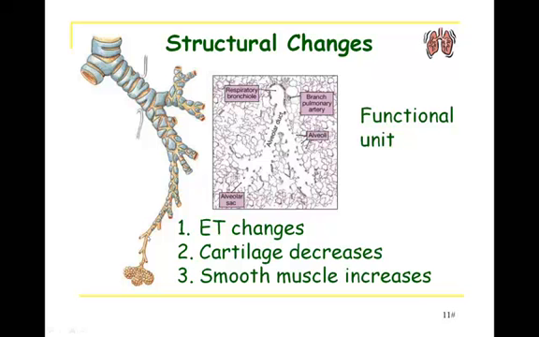And you notice down here, once you get down to the bronchioles, there is no cartilage. So here's the trachea, here's a primary bronchi, you got your secondary bronchi, your tertiary bronchi, but once you get to the bronchioles, there is no cartilage from there on.